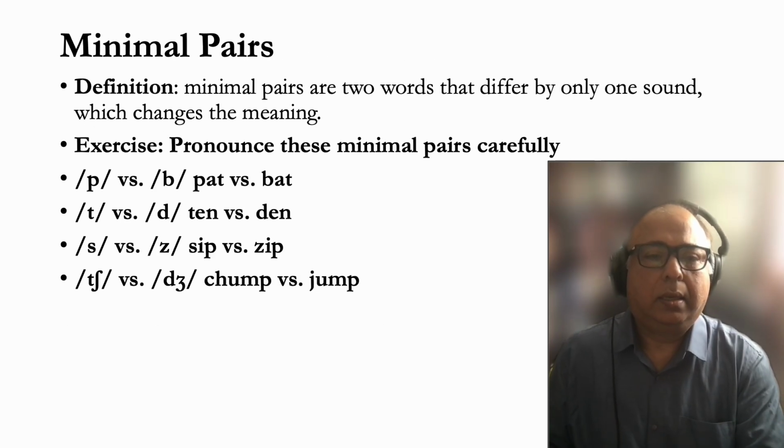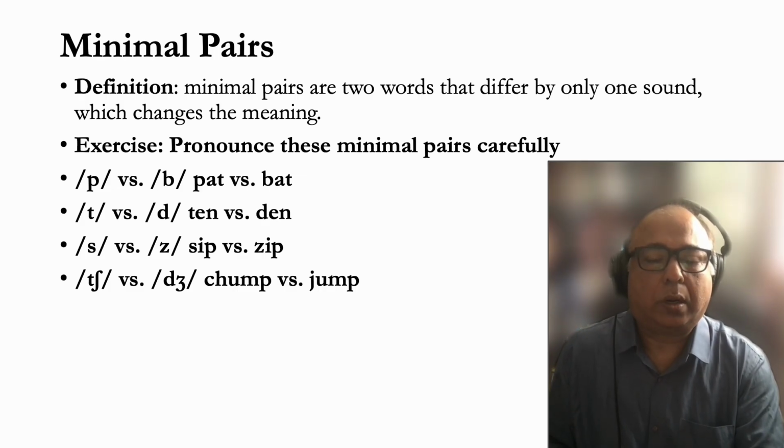Okay? Minimal pairs. What are minimal pairs? The minimal pairs are 2 words that differ by only one sound. So there's only one sound that is different, but it changes the meaning of the word. So p versus b. Pat versus bat. You see? So there's one sound that is different. The first one is p.